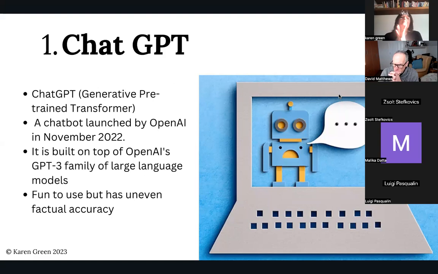ChatGPT is the one that's been in the press a lot, and it's one that I've been using quite a lot over the last few weeks. They call it a chatbot, sorry, but it is highly intelligent, and it can do lots of interesting things.